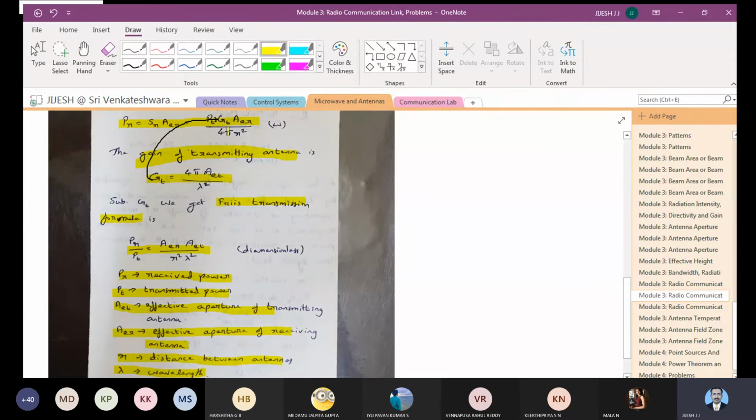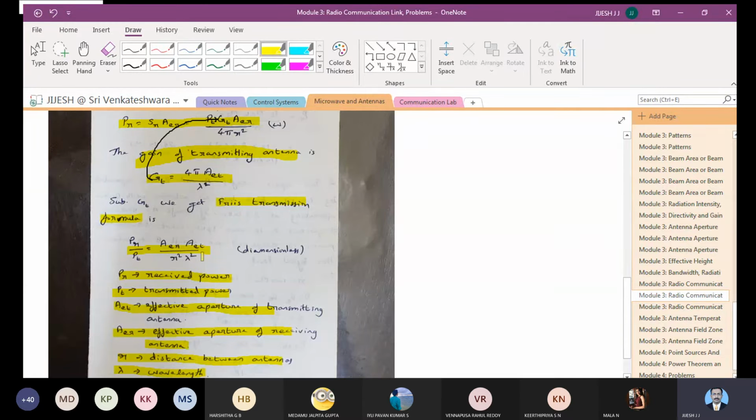So you get PR divided by PT as AER AET divided by R square lambda square. AER is the effective aperture of the receiving antenna. AET is the effective aperture of the transmitting antenna. R is the distance between the antennas and lambda is the wavelength. PR is the received power. PT is the transmitted power.